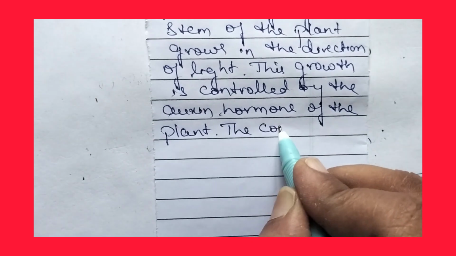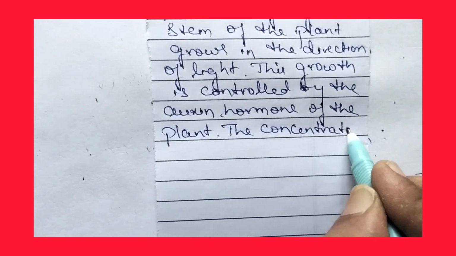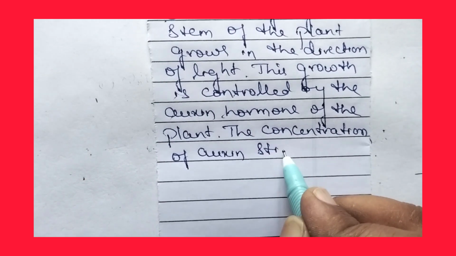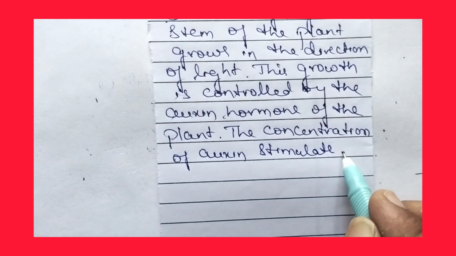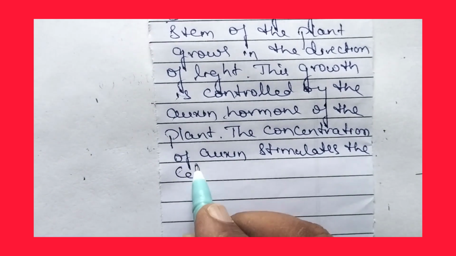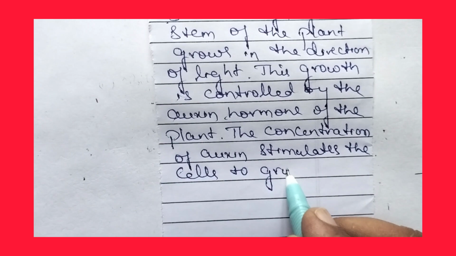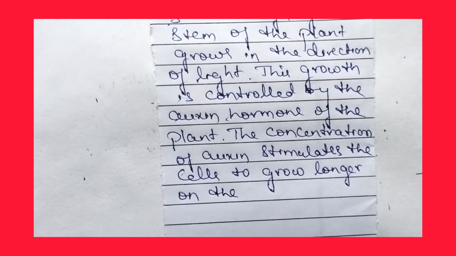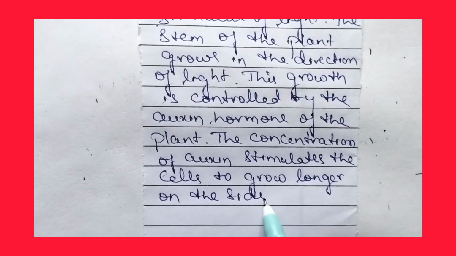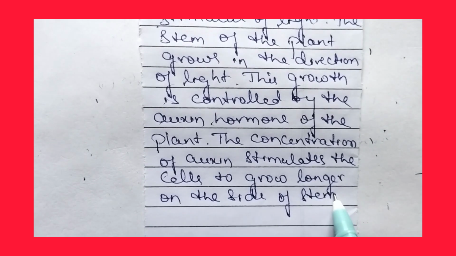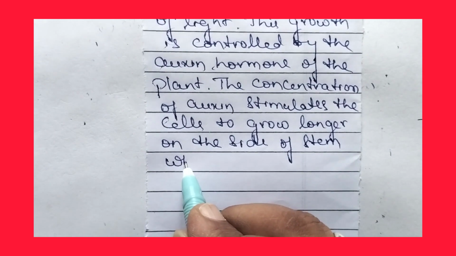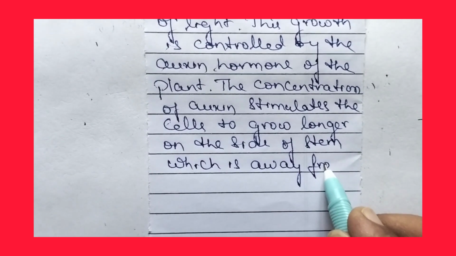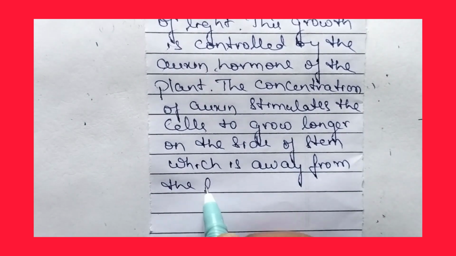The concentration of auxin stimulates the cells to grow longer on the side of the stem which is away from the light.